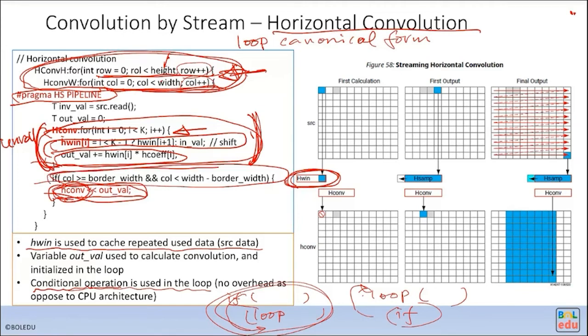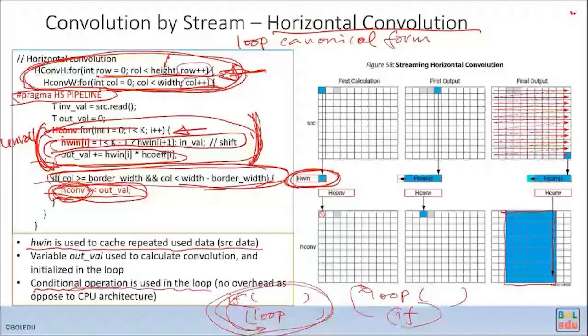So we put this condition inside this loop, so you will select the element to output. You only output this part of the elements into the stream FIFO.